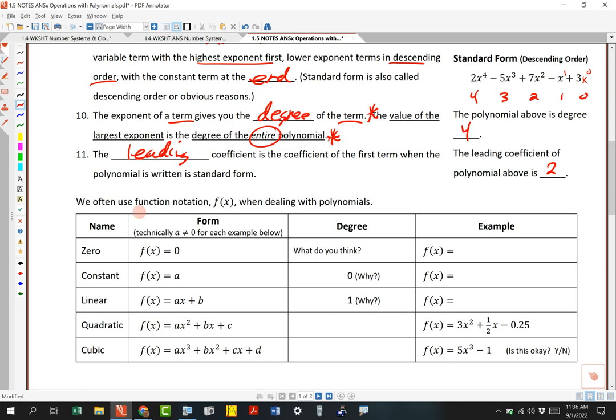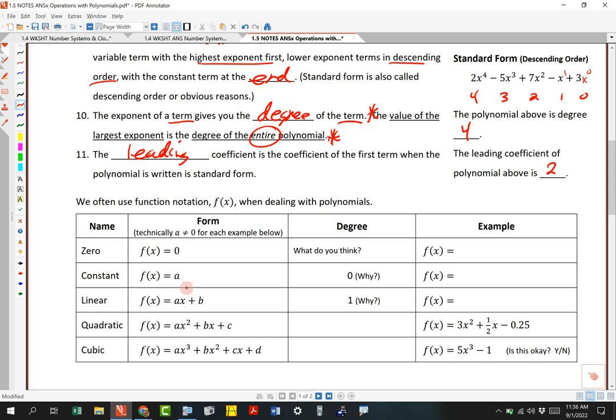So a lot of times we'll use function notation when we're talking about polynomials. So there are some examples here. So here's the name of each one of these. So we've got a linear, a constant, a 0, a constant, a linear, a quadratic, and a cubic polynomial. So there's only one 0 polynomial. It's literally just f of x equals 0. Okay? A constant is any number right here.